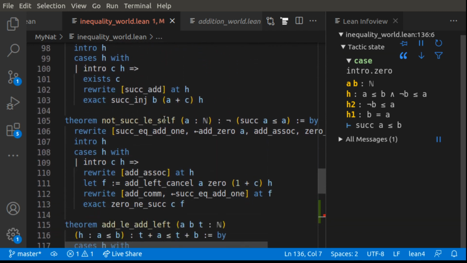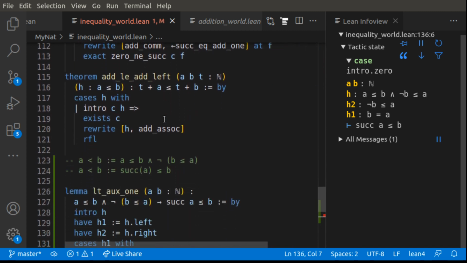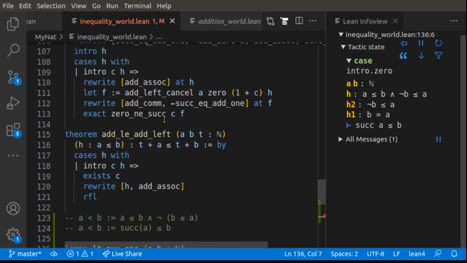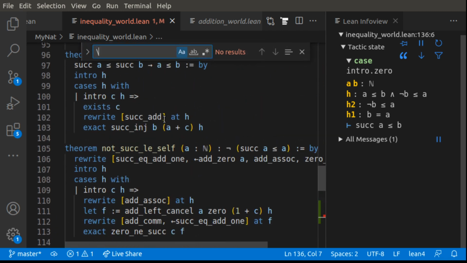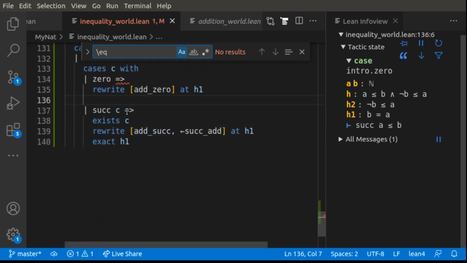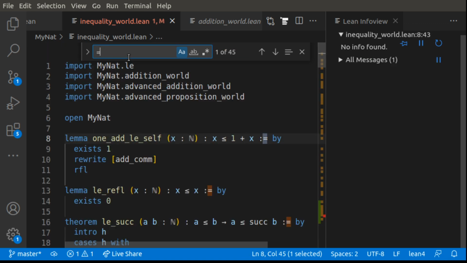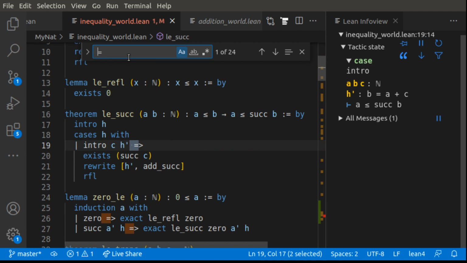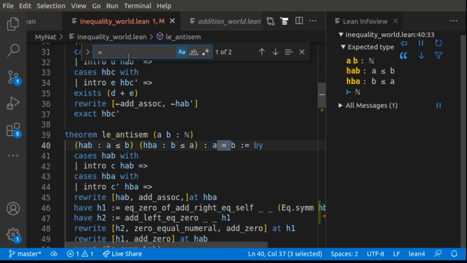So I want to, we have a theorem that says if a is less than or equal to b, or is there a theorem with equality here? Let's search. Guess we can search for this. Implies, okay. Less than or equal to, no, not quite that.